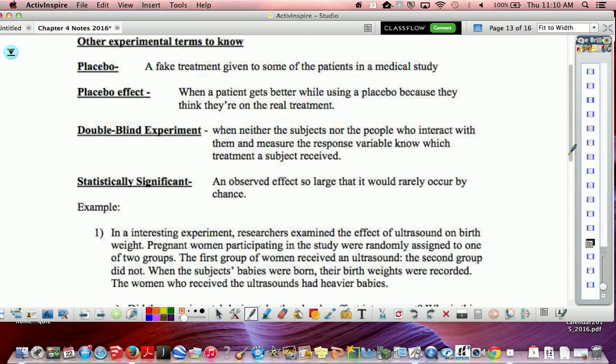If I were to redo the assignment, would I get those same results? Possibly not. It could be due to just how they were assigned to their groups. When we look for something statistically significant, we're looking for a great amount of difference.